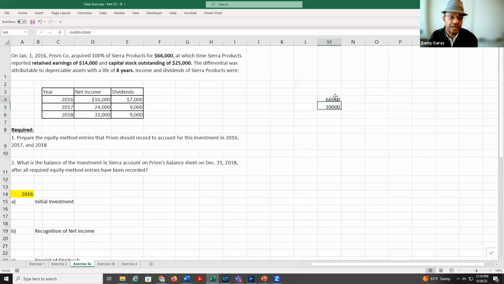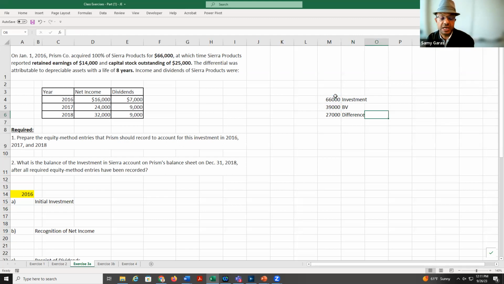So the book value, here we have the investment account, and here we have the book value of the shareholders' equity. So the difference between them will be 27,000. This will be the difference.